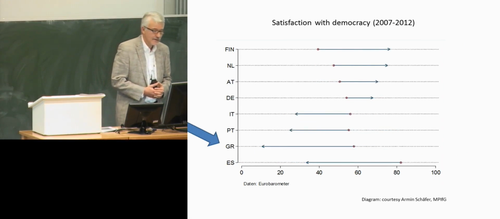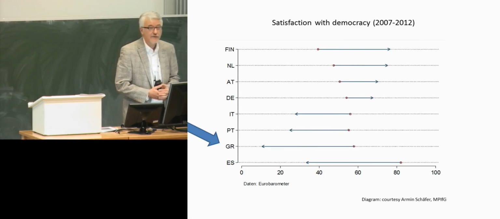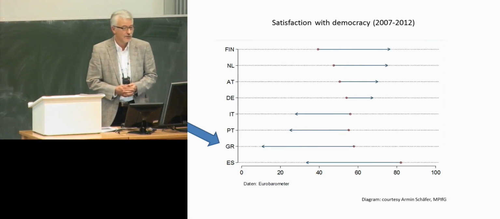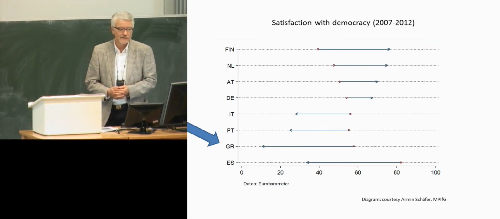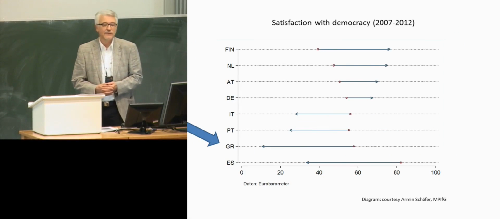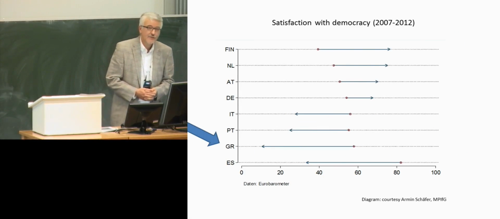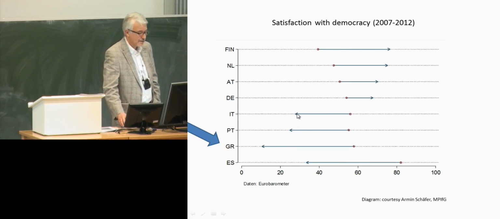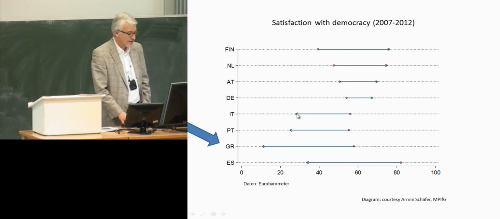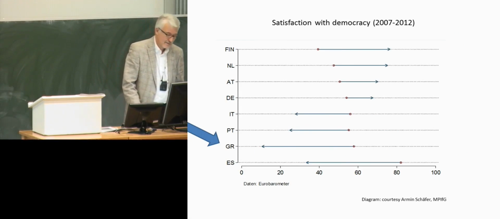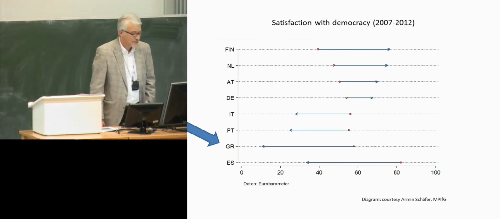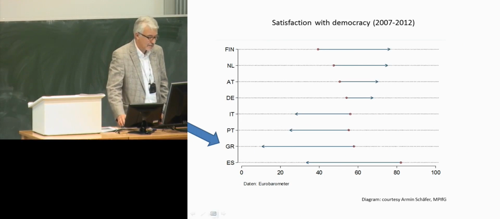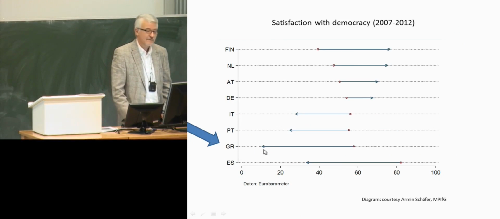In Finland, the Netherlands, Austria and Germany, satisfaction with democracy between 2007 and 2012 even increased, whereas in the southern countries, satisfaction with democracy decreased, most dramatically in Greece, down to 10%.